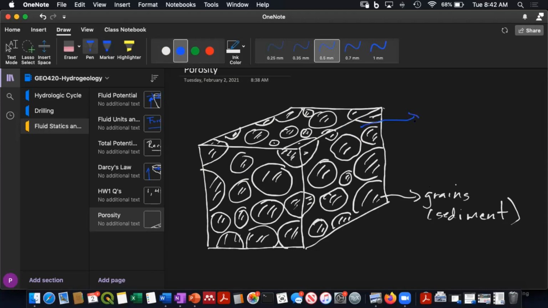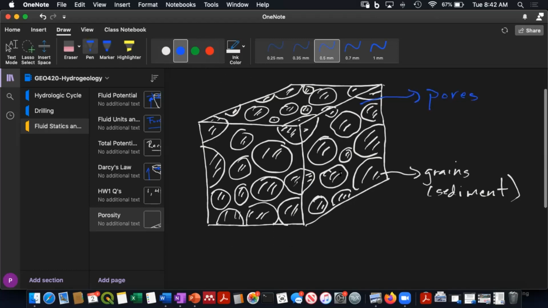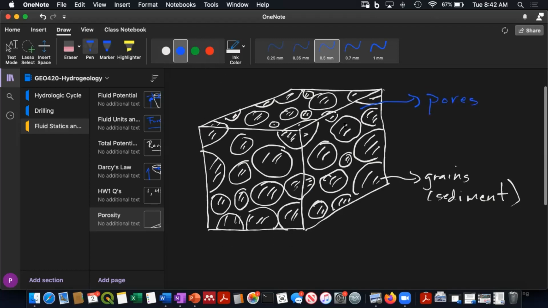And in between the grains, we have pores. And this whole cube is porous media.